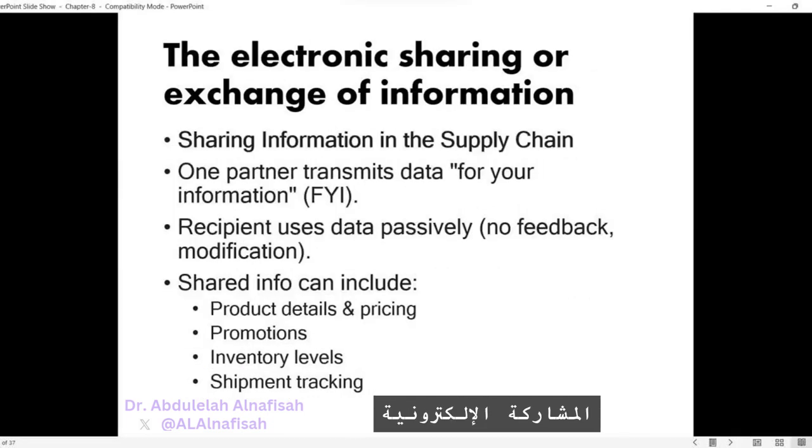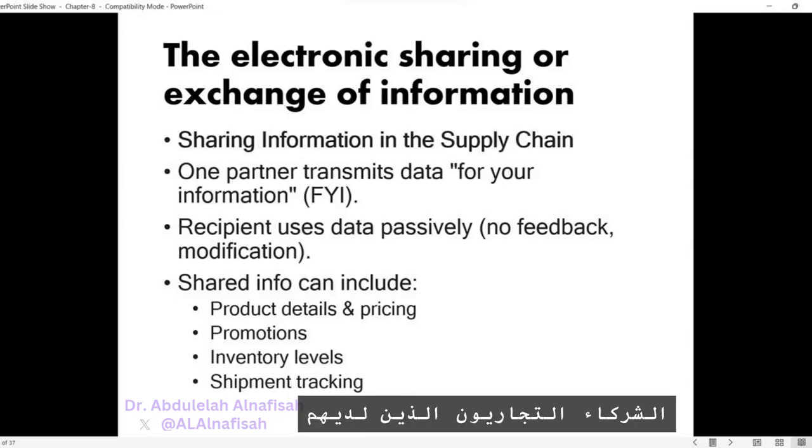The electronic sharing discusses the concept of trading partners having access to a system where they can share information with each other. In this arrangement, one partner transmits shared information to another partner. The information is provided on a for-your-information basis, meaning the recipient uses the data as it is without providing any feedback or making changes to it. The shared information can include various details such as product descriptions and pricing, promotional calendars, inventory levels, and shipment tracking and tracing.